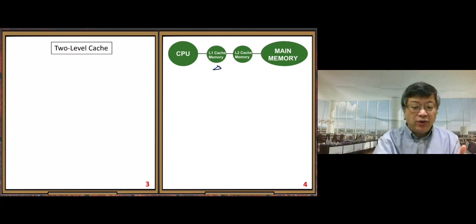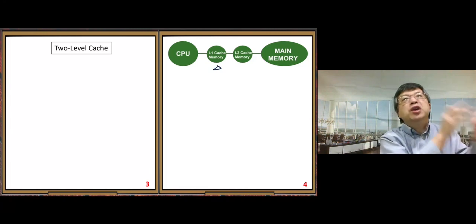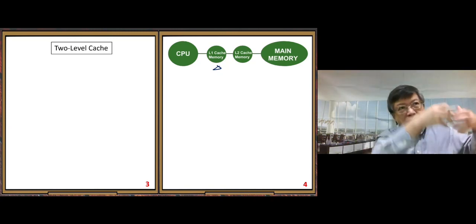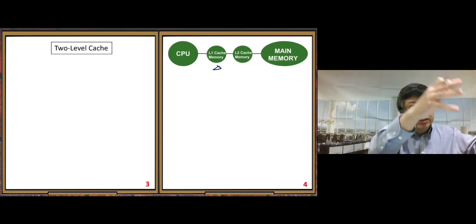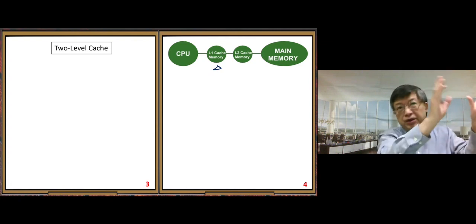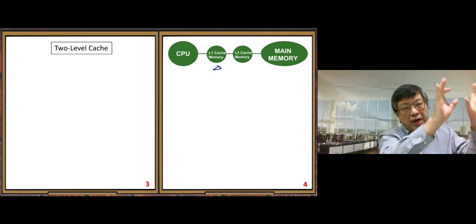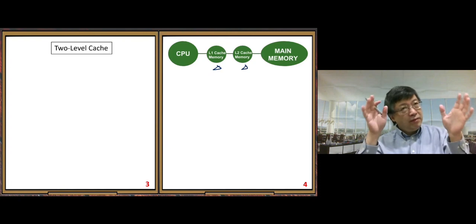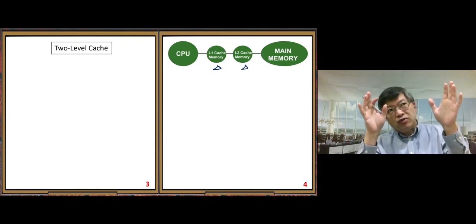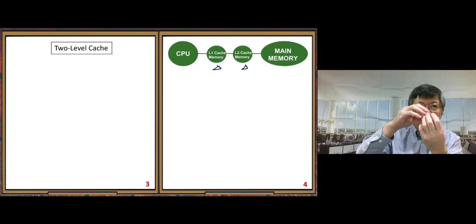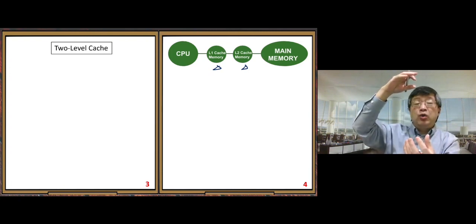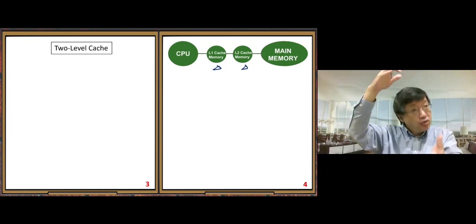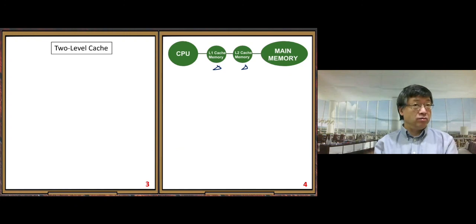L1 cache, we emphasize on the high speed part, so its capacity is smaller, access speed much faster, so the cost is not too high. So we control that part. Then the L2 cache level, this one we want the capacity a little larger so we can reduce the miss rate. When the capacity is larger, the miss rate can be reduced. Cache miss, that's important.